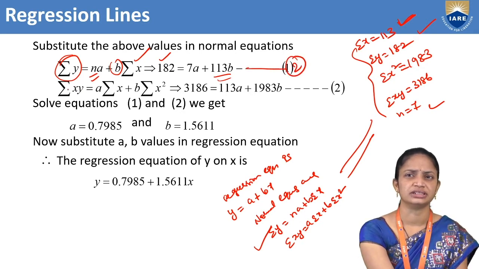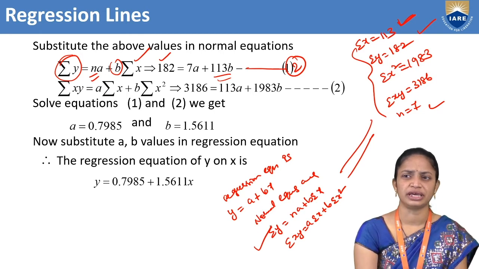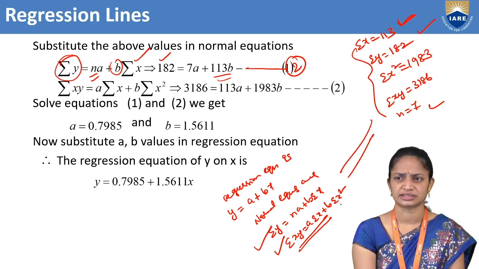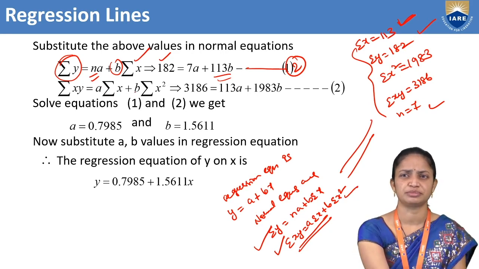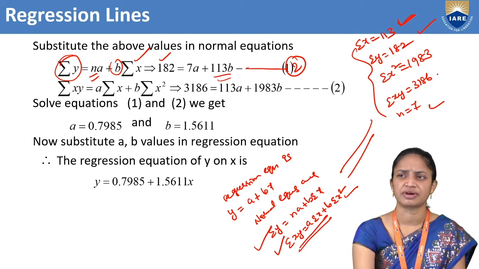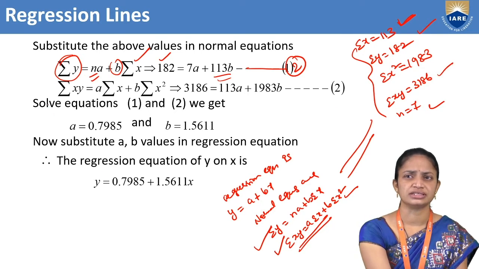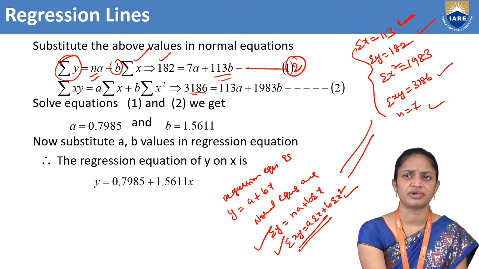The next one is summation xy. I am taking the next normal equation: summation xy equal to a into summation x plus b into summation x square. The value of summation xy is 3186.